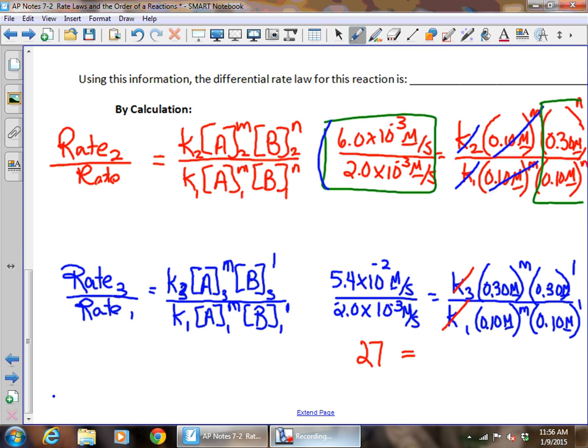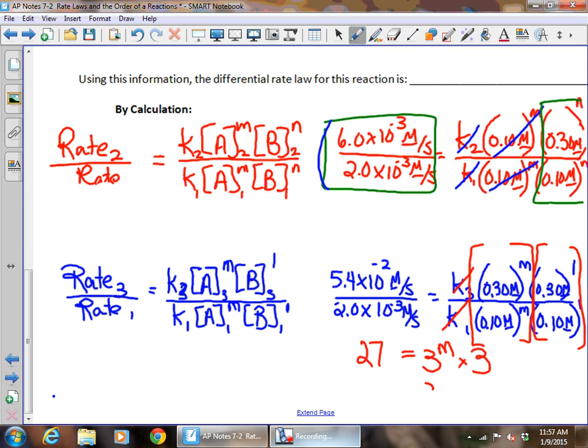Remember, we can take this term right here, and we can go ahead and divide 0.3 by 0.1, which is 3. And that whole quantity can be raised to the M now. And that is going to be multiplied by this quantity. So we've got 0.3 divided by 0.1 again, so we've got 3 again, raised to the first, so anything raised to the first is itself, so it's just 3.